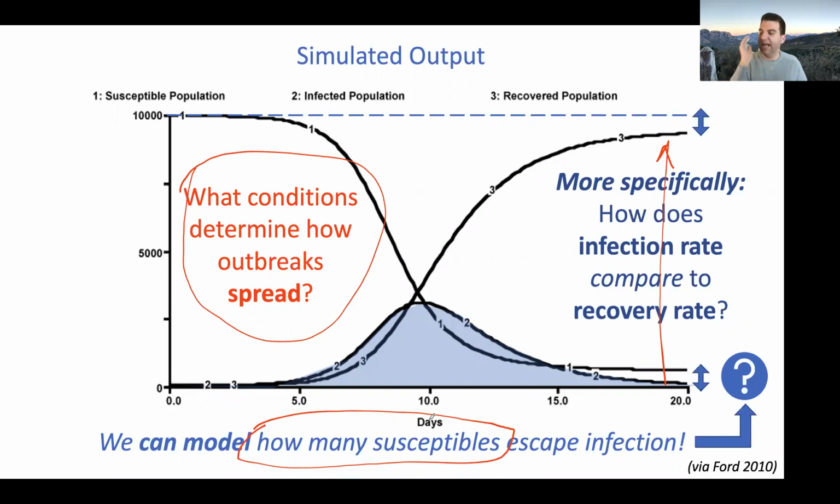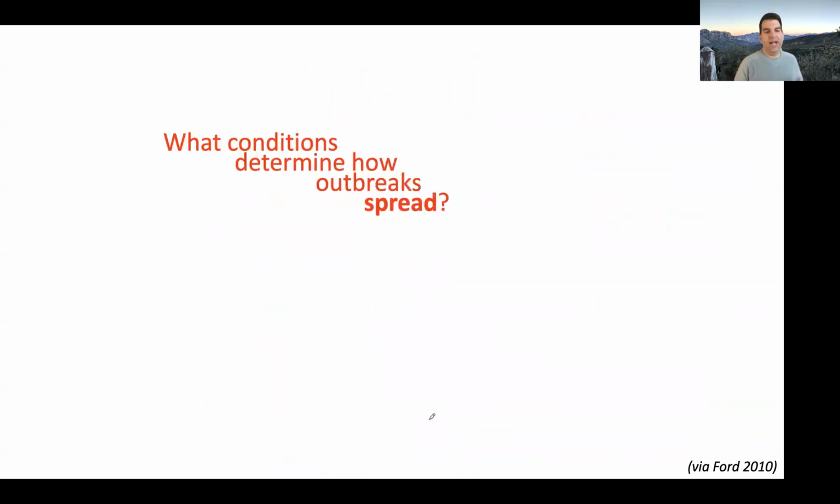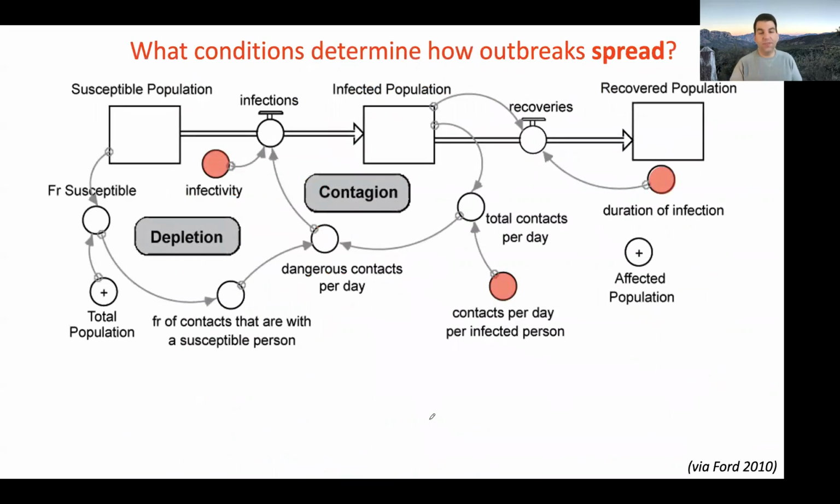But what this is telling us is that if these hypothetical models are correct, then we can actually predict, for every single universe where this disease has the same parameters, what fraction of the population will escape this disease. So how does that work? Well, the 3 parameters, the exogenous parts of this model, are the infectivity, the contacts per day per infected person, and the duration of infection.